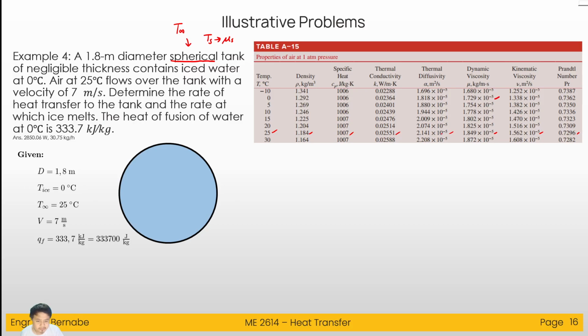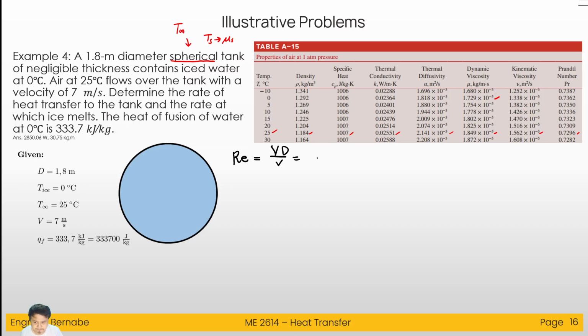Which is this one. Okay. So in order to find the Nusselt number, we need the Reynolds number and the Prandtl number, no?